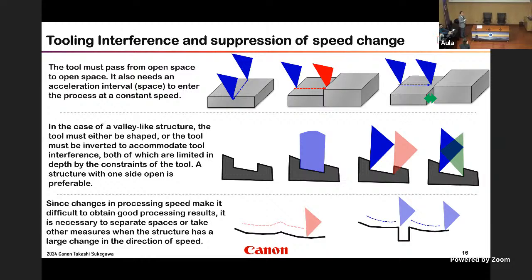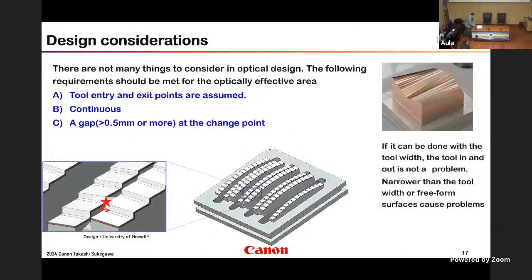Anyway, this restriction is the same as usual machining. But if your optics or machine satisfies this or avoids this restriction, you can make any 3D position in the optics, not just a flat one. So this is one explanation.